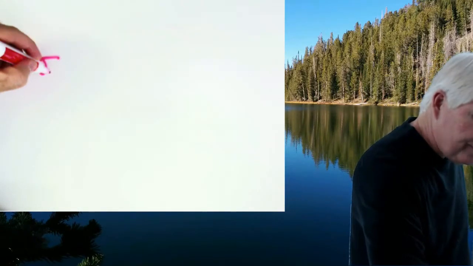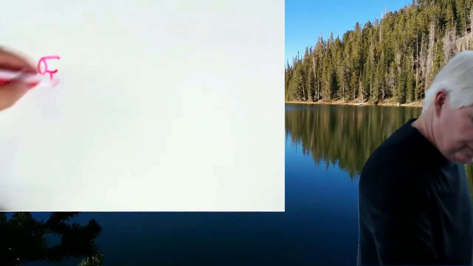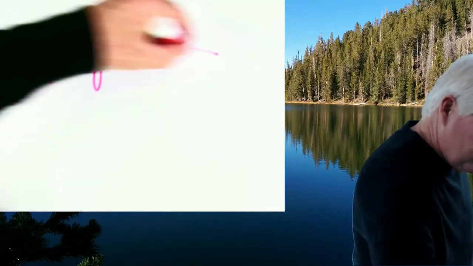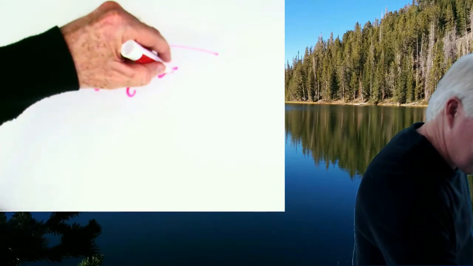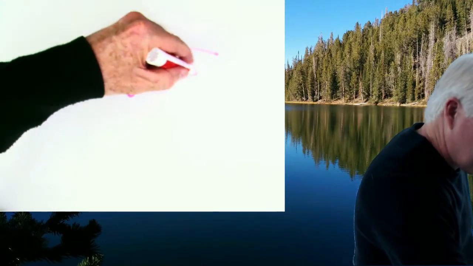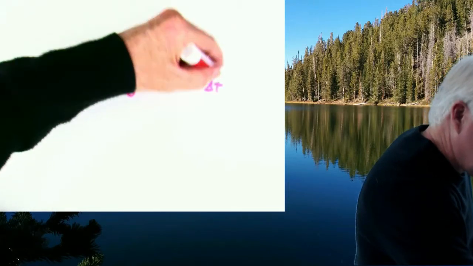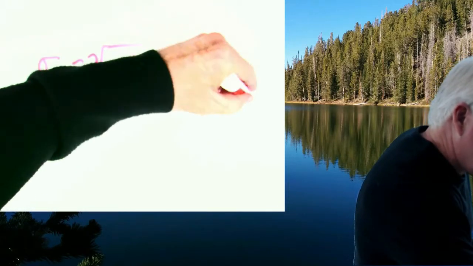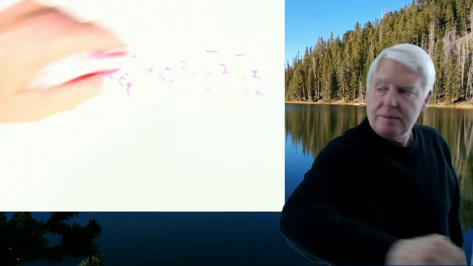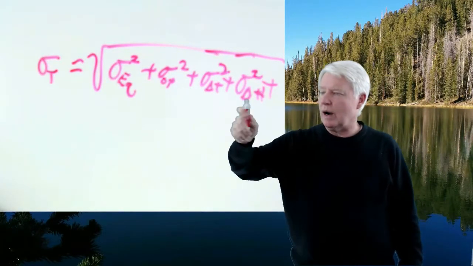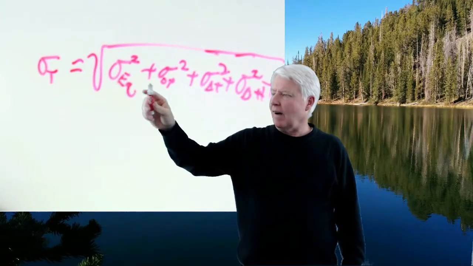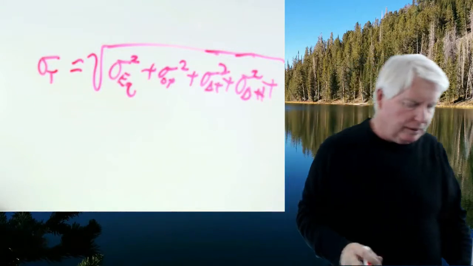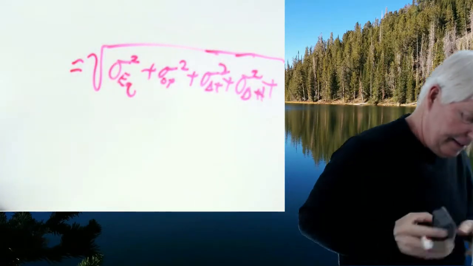First of all, sigma total equals, in measurement, sigma of the equipment squared plus sigma of the operator to operator squared plus sigma due to change in temperature plus sigma due to change in humidity, plus, oh, you have to square all those. Remember, this is how you add sigmas together. You square them, add them together, and take the square root to get sigma total.